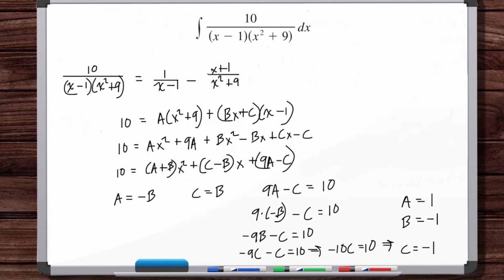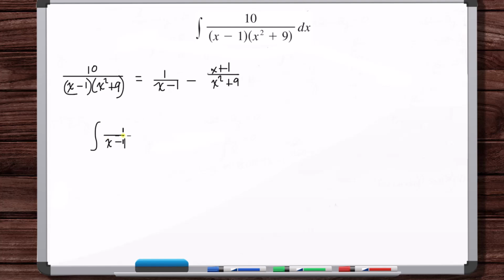Okay, so we've got, and then okay, so how do we integrate this?